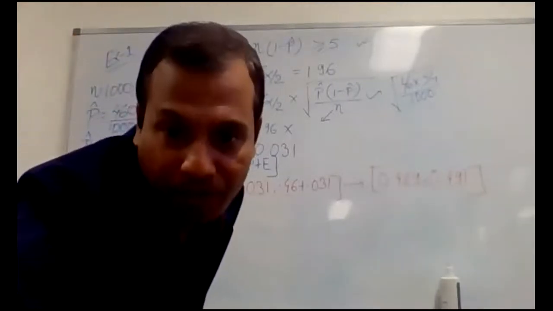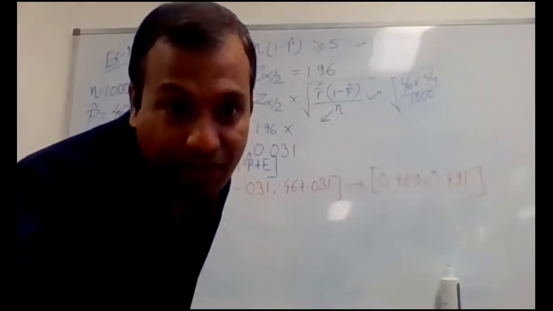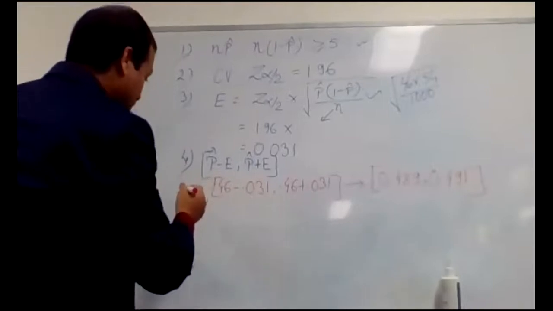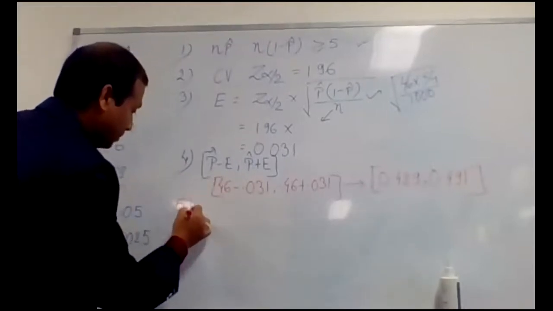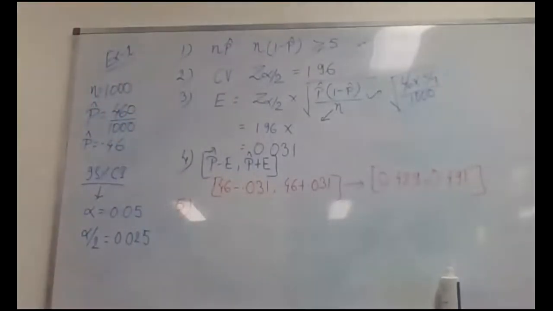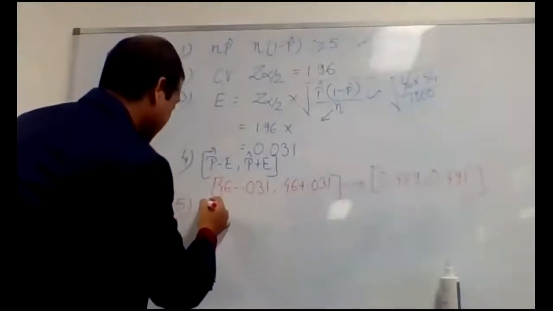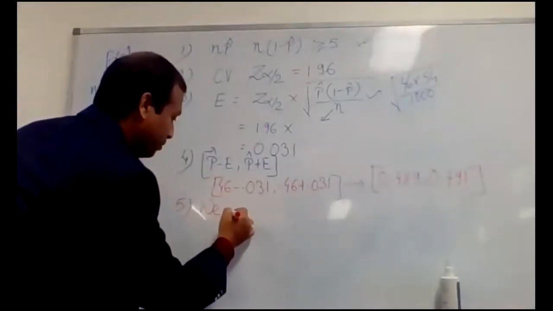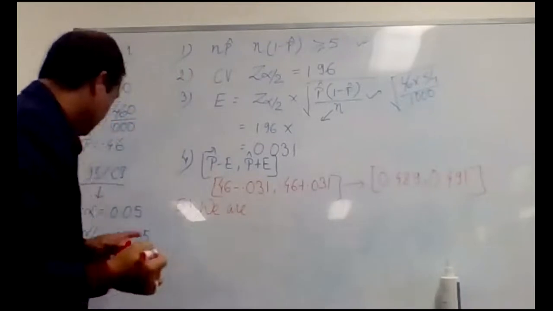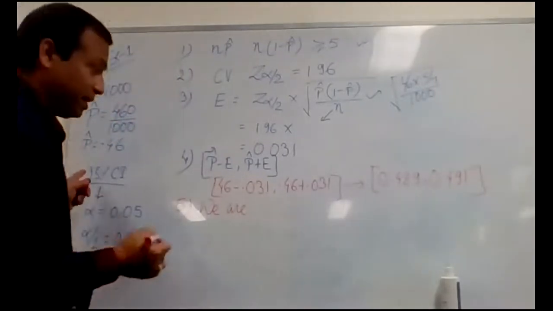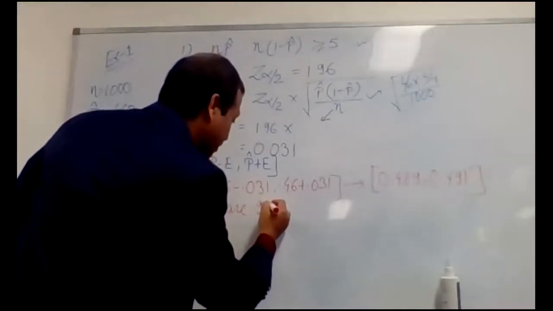So what is step number 5? Step 5 is you need to make a conclusion. We are 95%, that is given, so we calculated everything for 95%.